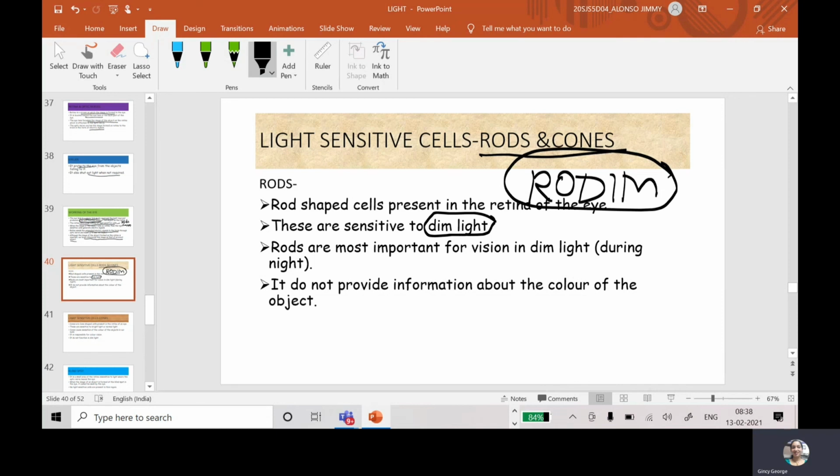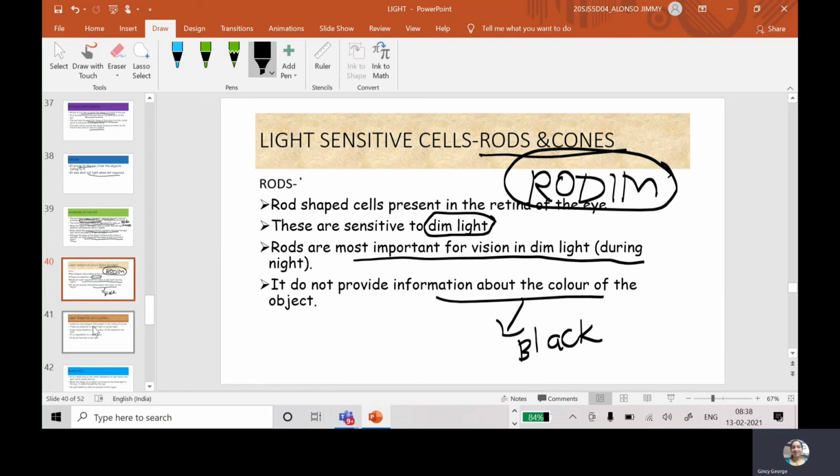Whenever light is dim or less light is available, the light sensitive cells called rods are active. If it is bright light, the rods are inactive. But the main problem of rods is that they can identify the object only as black or dark color. Colored vision is not possible with the help of these light sensitive cells called rods.